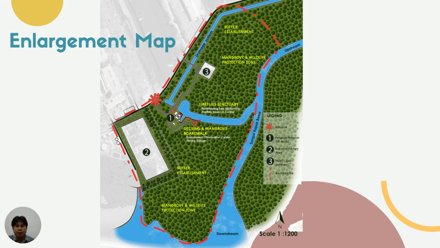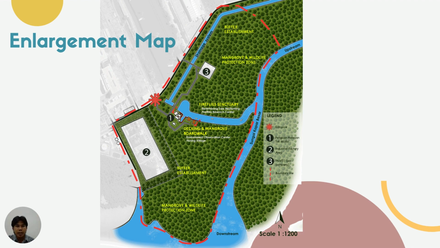It is to protect against flood, and the second one is the mangrove and wildlife protection zone. This is where we protect the mangrove and wildlife. The third one is the firefly sanctuary. This is the area where we replant the berambang tree for the habitat of firefly.